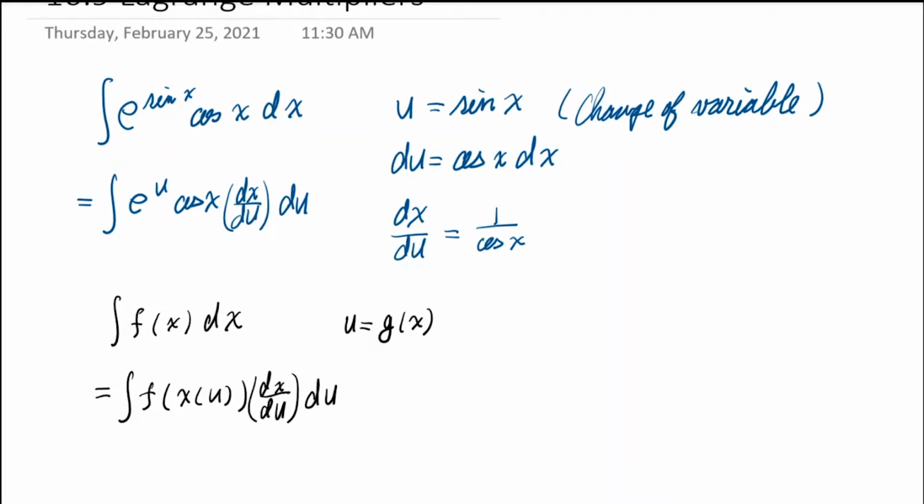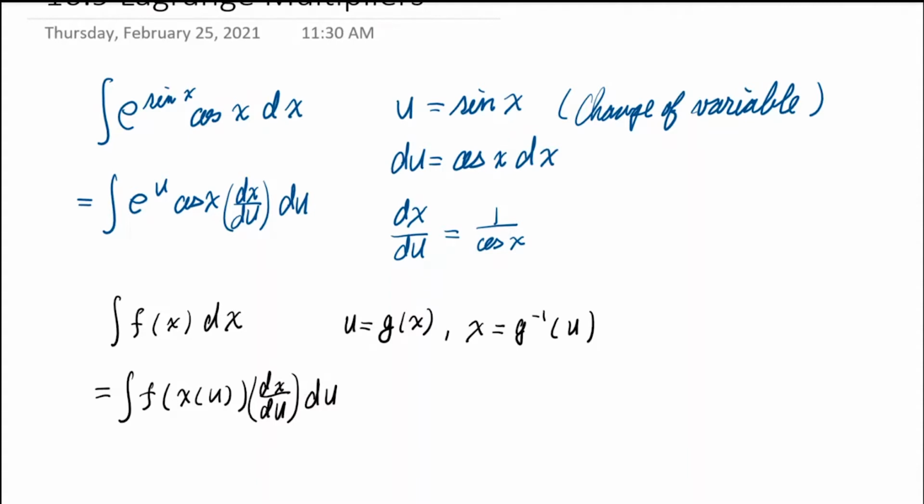This is the key, right? That's exactly the same thing here. If you want to go back, these two cancel, dx, and that's x. But we want to be able to integrate with respect to u, right? Another way of saying this is x is equal to the inverse function of u. Okay, so far so good.